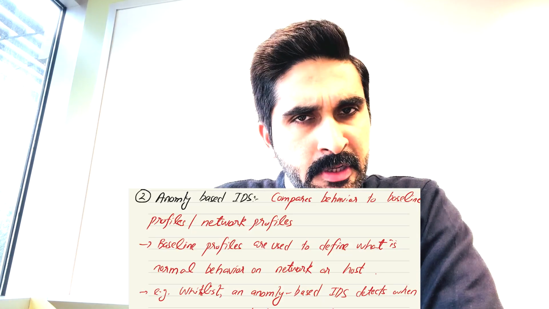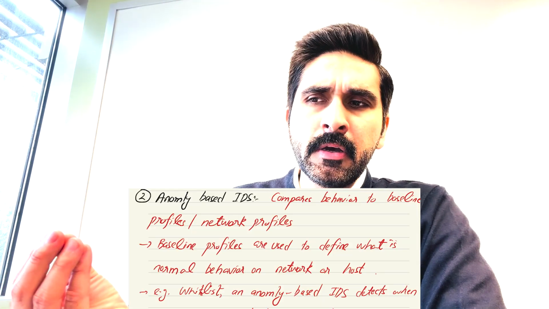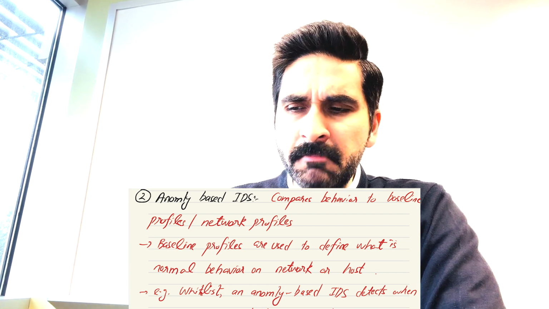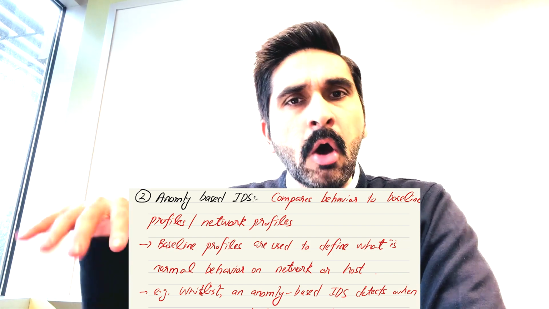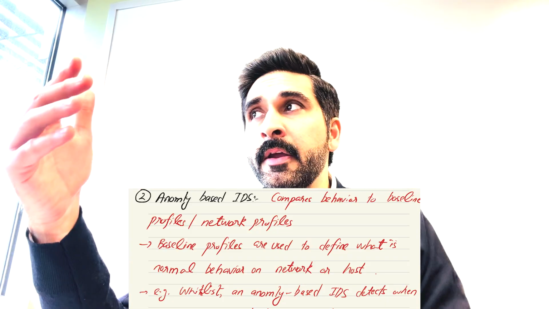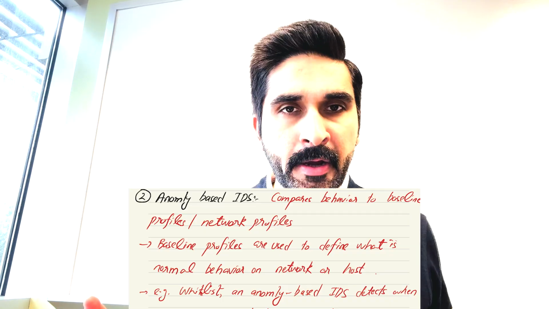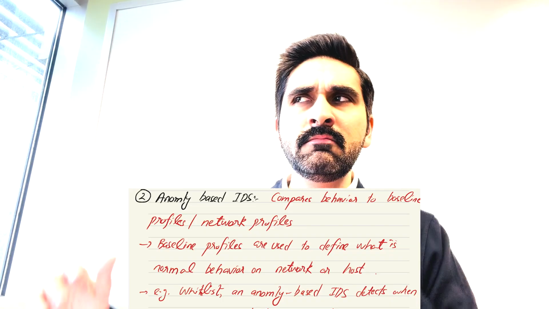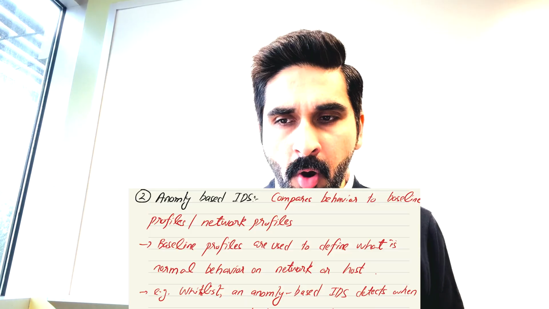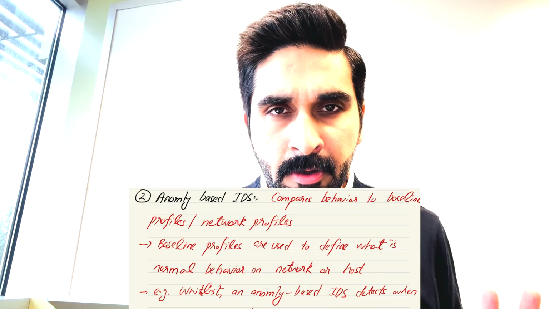For example, whitelisting. So anomaly-based IDS detects any intrusion whenever something goes outside the acceptable range. For example, you have an ICMP packet and the packet is too big. It should be 64 bytes, but the packet is, let's say, 10,000 bytes. In that case, if you have a proper IDS configured, it's going to generate the alarm.